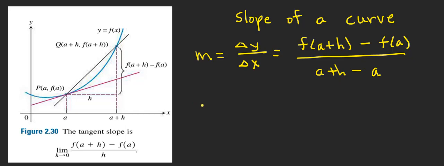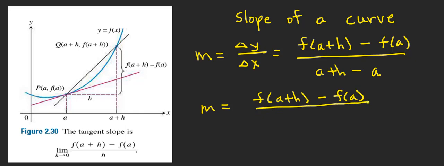When you simplify that, you're going to get f of a plus h minus f of a, all over h, since a cancels out. Now that looks very similar to this part right here, right?